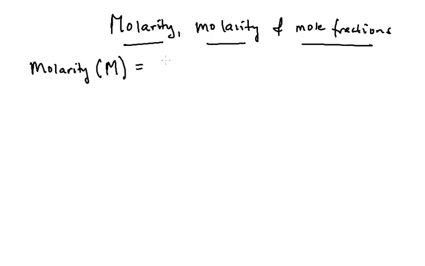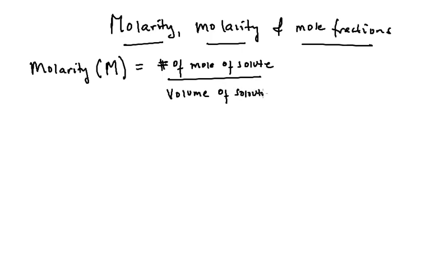Molarity is defined as the number of moles of a solute per volume of solution, and the volume of solution has to be expressed in liters. So we can abbreviate this as n over V. That's how molarity is defined. From now on we're going to use M, the big M, for molarity, n over V.